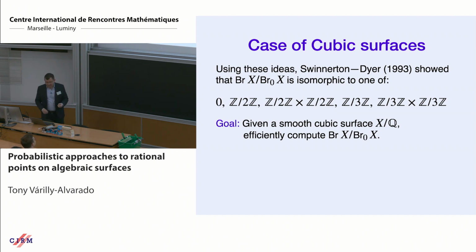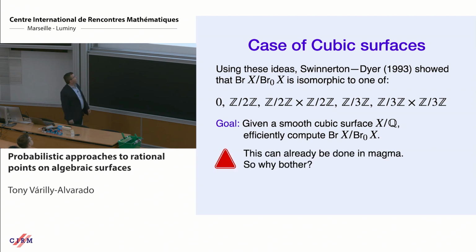Okay, now if you're one of these people who love deep cuts of Magma documentation, you will realize that this actually can already be done in Magma. Okay, and so you might ask, okay, why bother? Well, there's a few reasons.